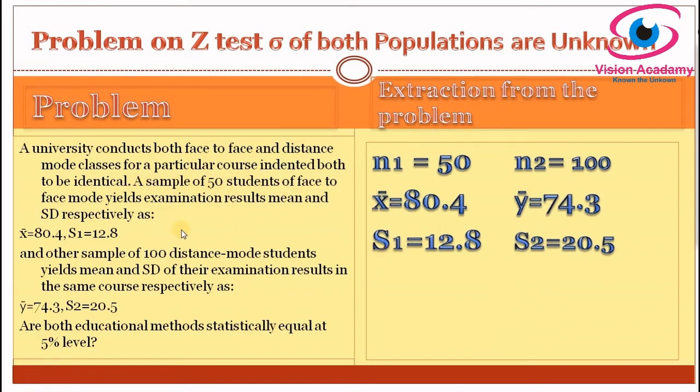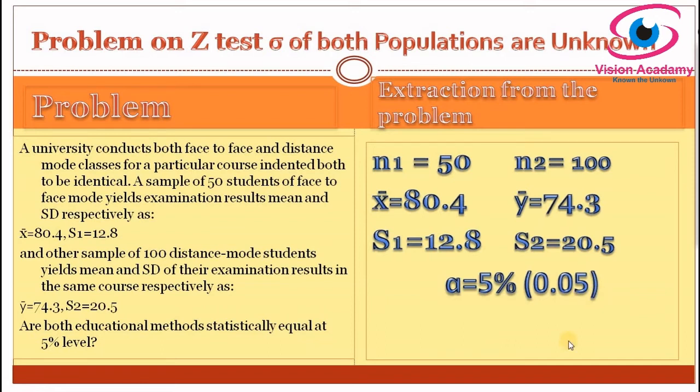S1 is the face-to-face exam result standard deviation, that's 12.8, and S2 is the standard deviation of distance mode exam results. We also have a 5% level of significance to test this hypothesis, that is 0.05.